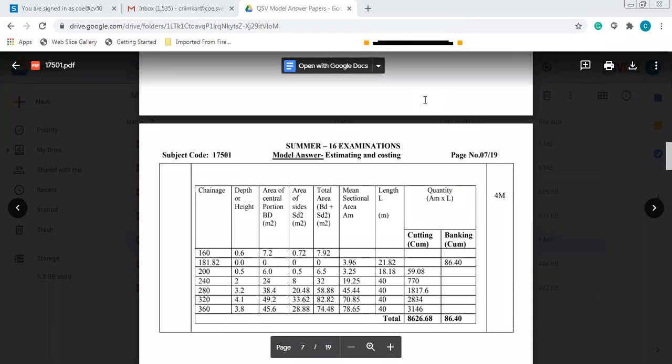So that we will quickly cover the last two methods, that is the theory part, where just formulas are given. If there is any problem asked on calculation of the earthwork for road work, the problem will be based only on these two methods: the mid sectional area method, and the mean sectional area method.